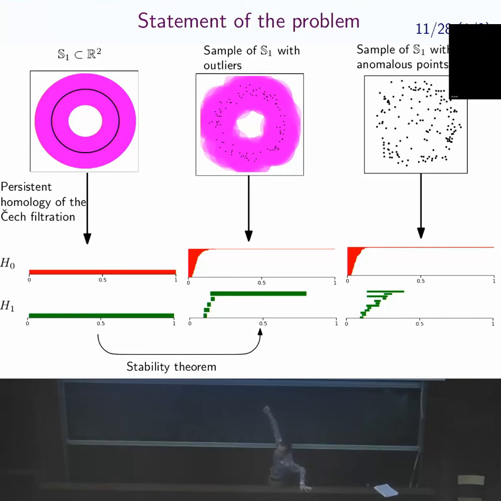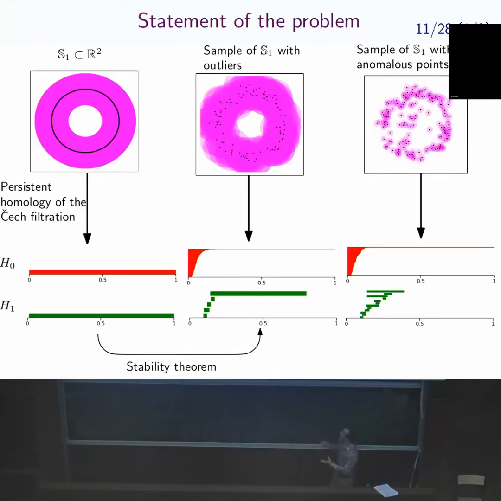You can see one long green bar and one long red bar. Okay, and now let's say I have a sample with anomalous points. This Čech filtration does not look like a circle, right? And this can be seen in the barcodes. I cannot see clearly the homology of the circle.